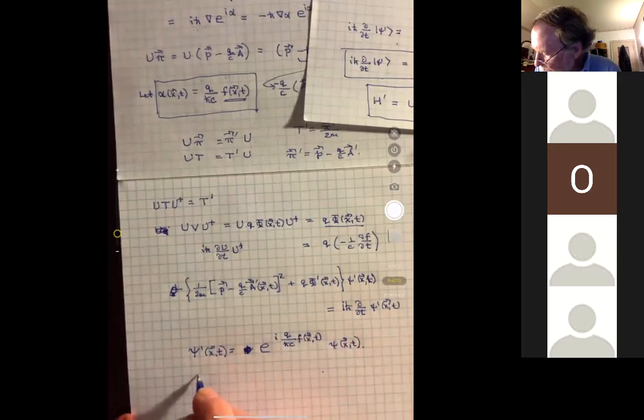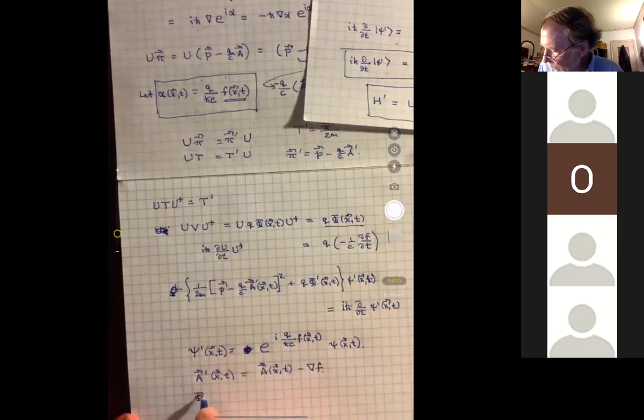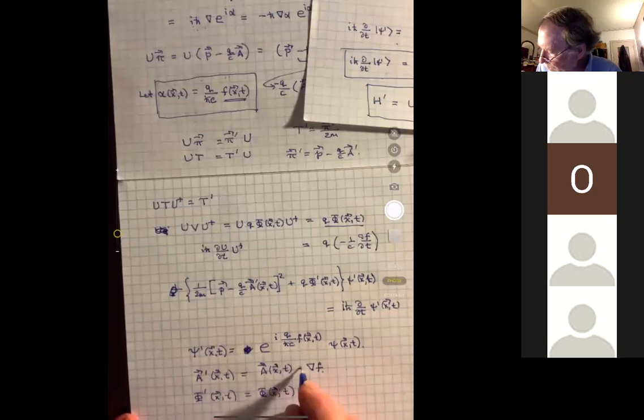And this is to be coupled with the transformation for the vector potential, which is the old vector potential minus the gradient of f, and the scalar potential phi prime, which is equal to the old scalar potential. Phi prime is the new one, the old one is phi. This should be a plus sign here, minus 1 over c df dt.